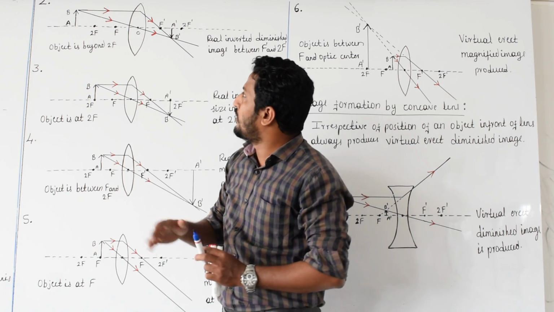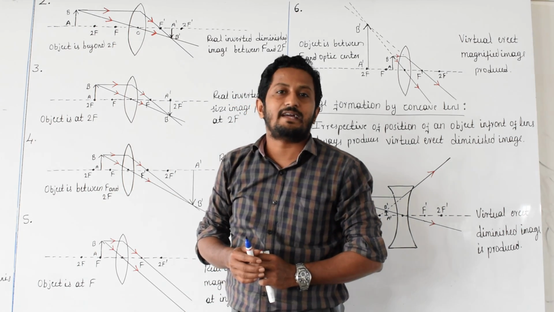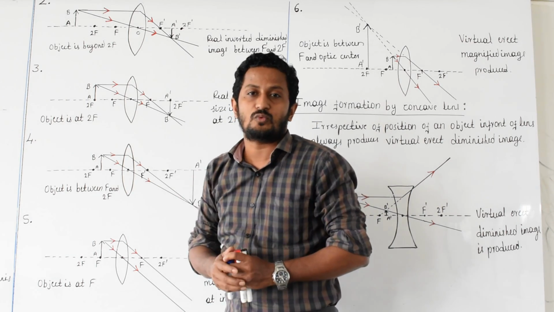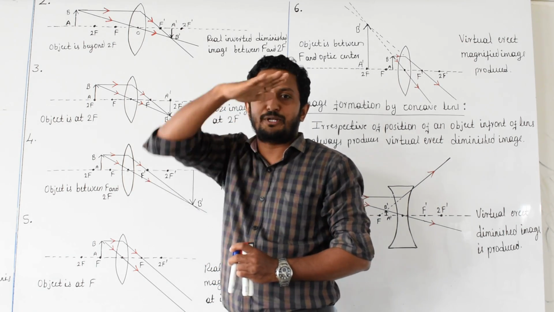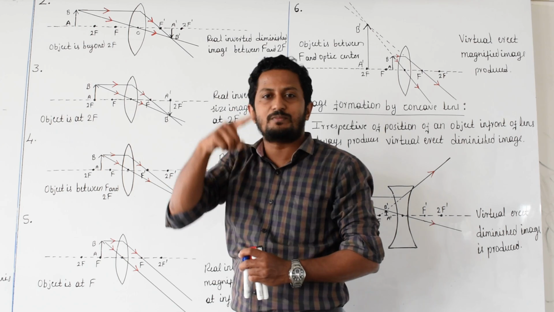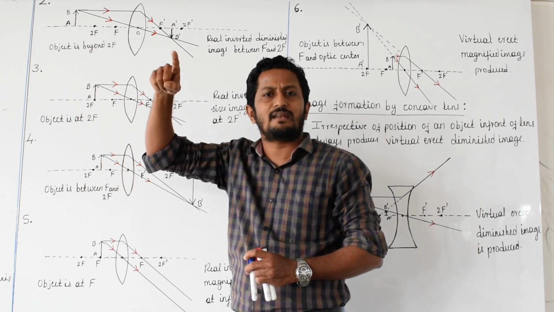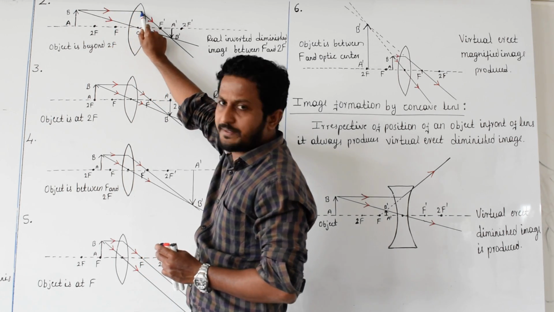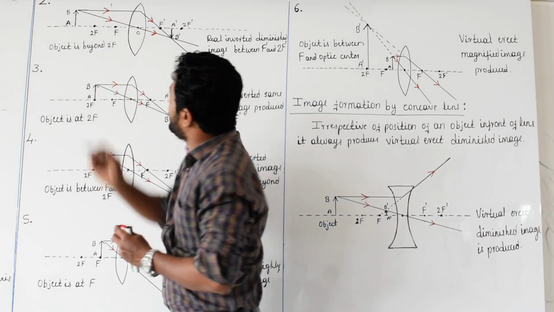Now we have to draw the ray diagram. Firstly, from the top of that linear object AB, you take one parallel line like this, a light ray 1.